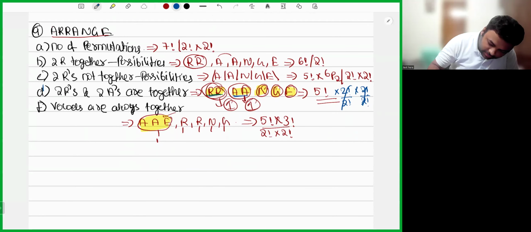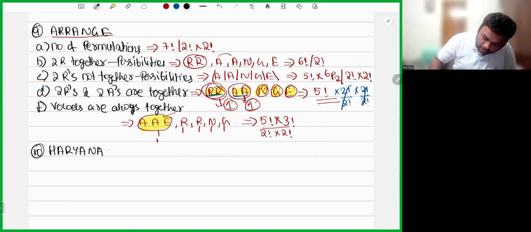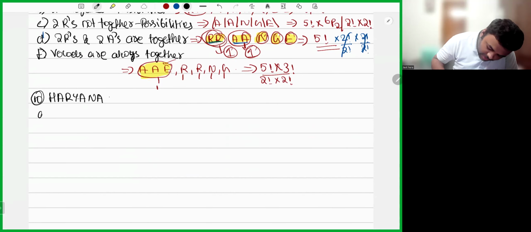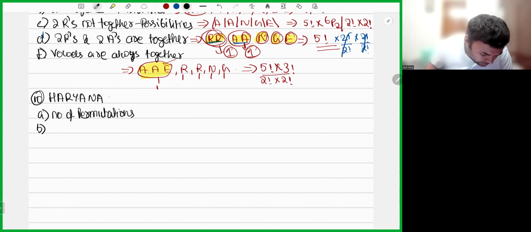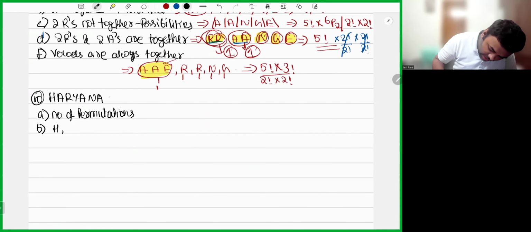Example number 10. I am having the word HARYANA. Point number A. Number of permutations. Next point number B. H comma N are together.